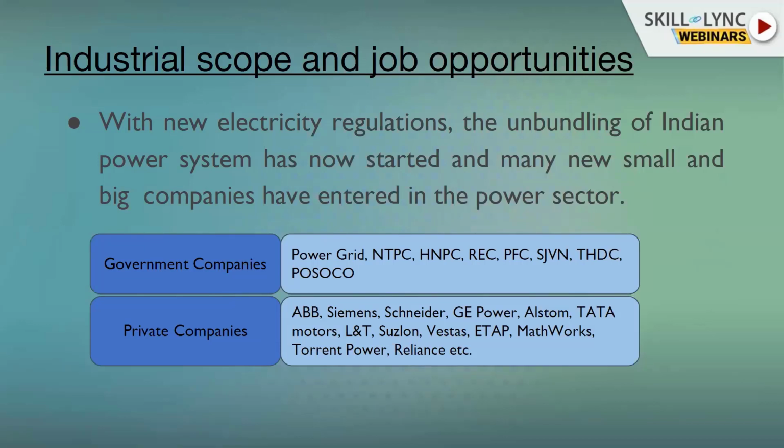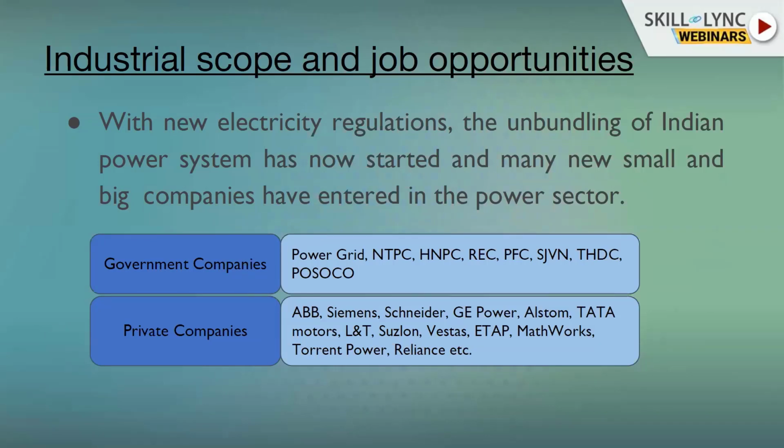There are a few companies, like in the government sector there is NTPC, NHPC, Rural Electrification Corporation, PFC, which is a finance corporation, THDC, POSOCO. If you ask about the list of private companies, then there is ABB, Siemens, Schneider, GE Power, Alstom, Tata Motors, Suzlon, Vestas.